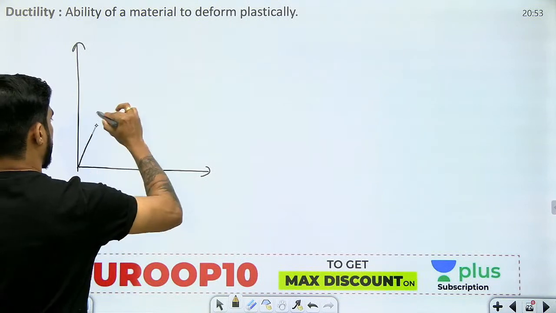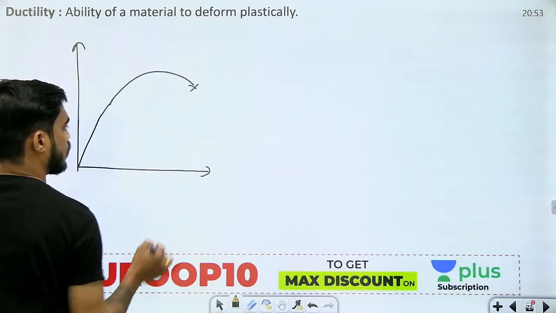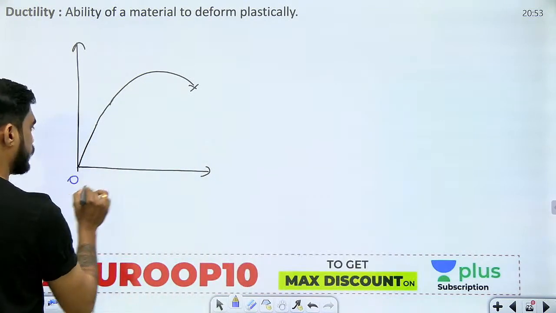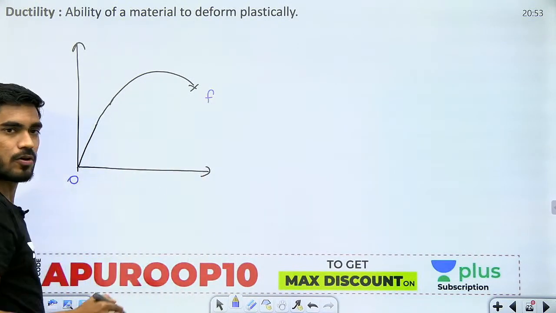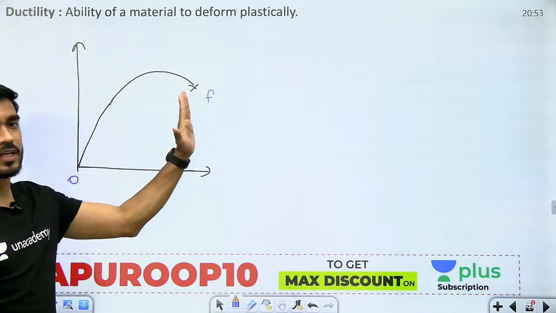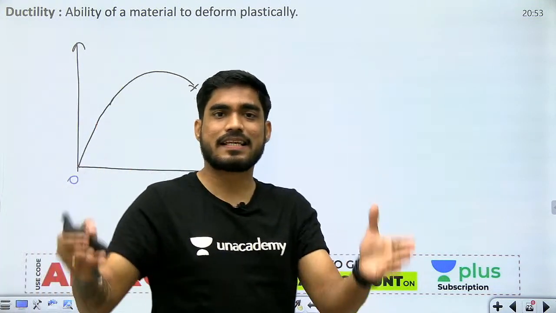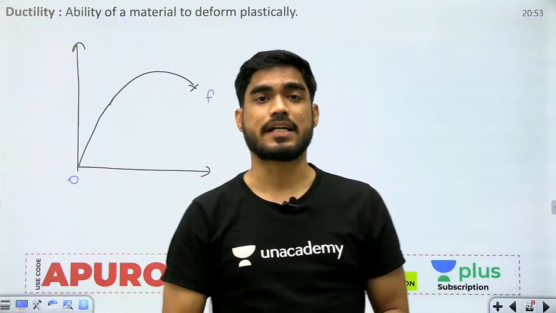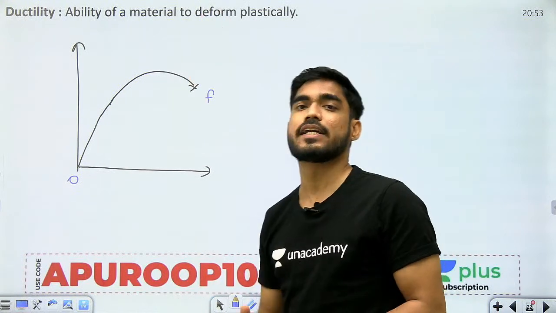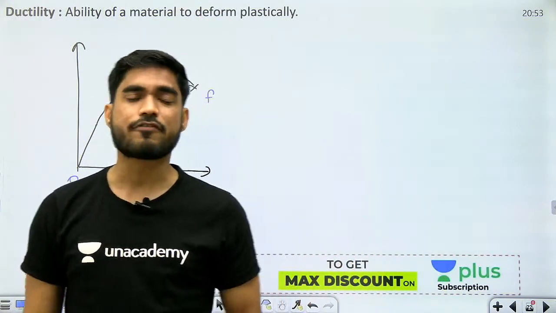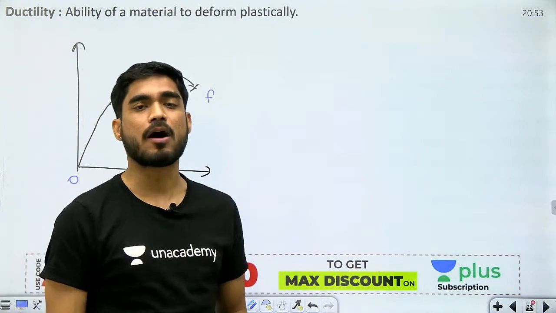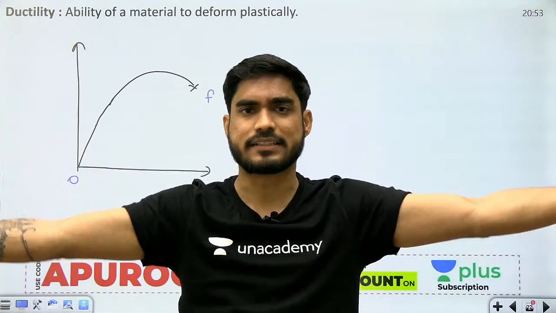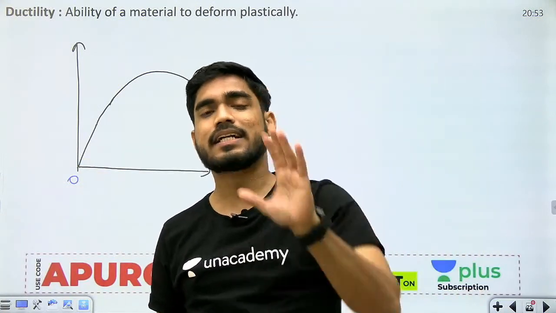Okay, this is point O, this is point F. So from here to here, the maximum deformation you are getting. How much deformation you are getting? That is the ductility of the material. Ductility of a material is the ability to deform plastically. कितना ज़्यादा plastically ये deform हो सकता है, that is known as ductility.